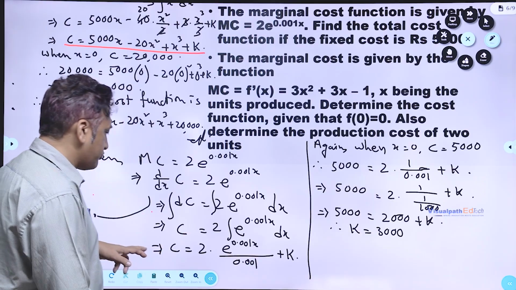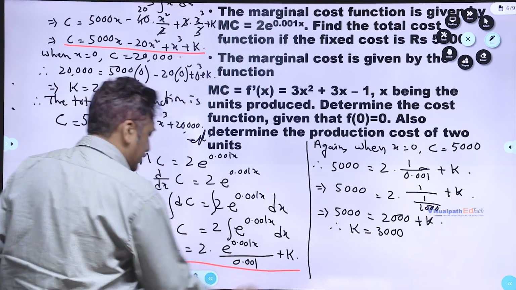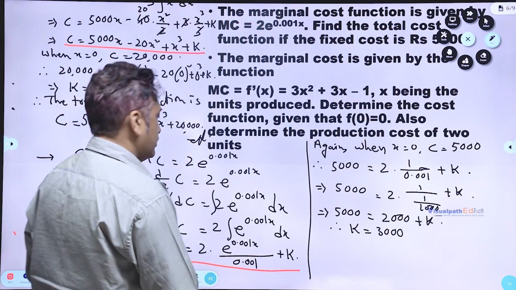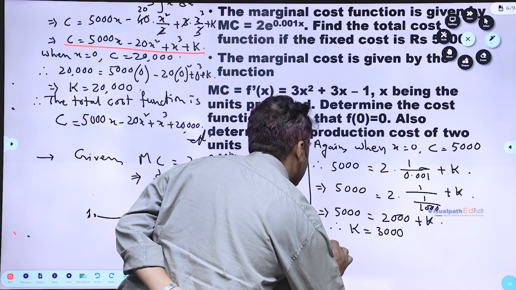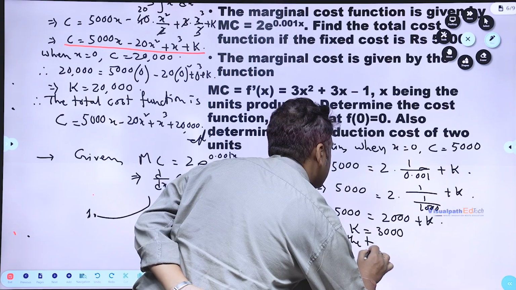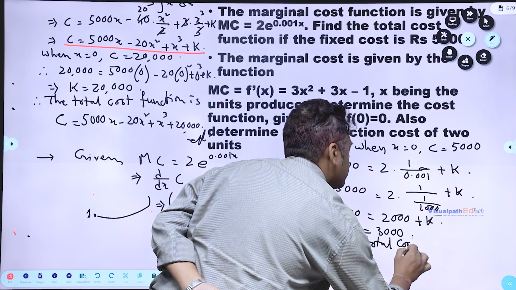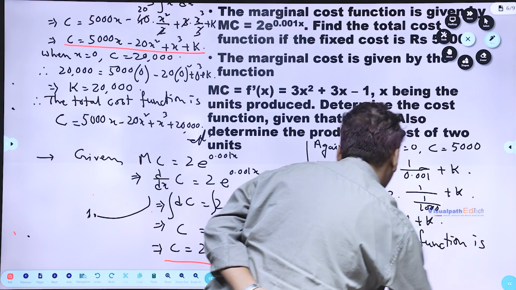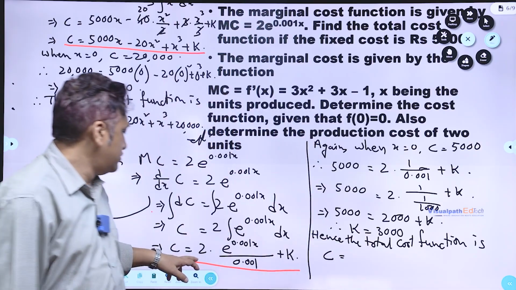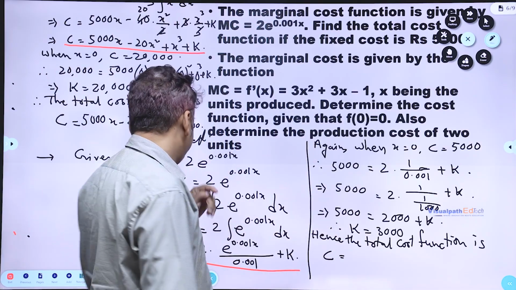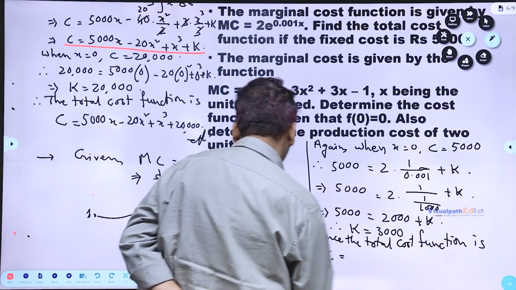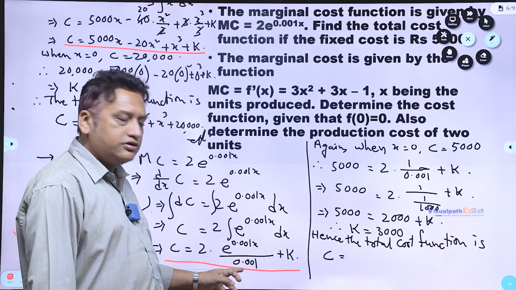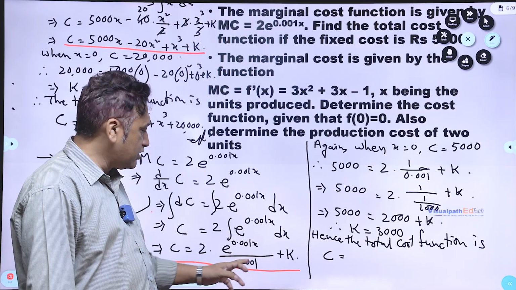This value of k now I am going to put here because we are asked to find out the cost function. Question says find the total cost function. So hence the total cost function is, so we get C is equal to 2 into, in the denominator we have got 0.001, which can be written as 1 by 1000.